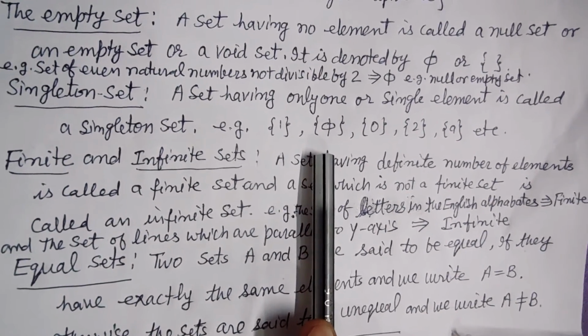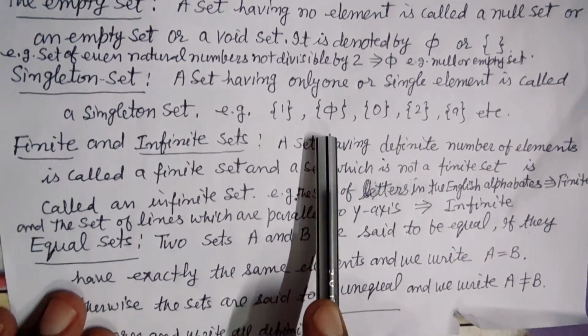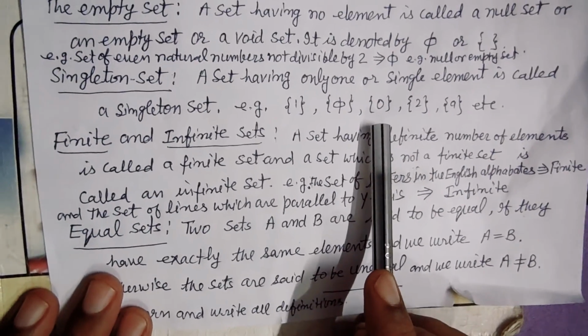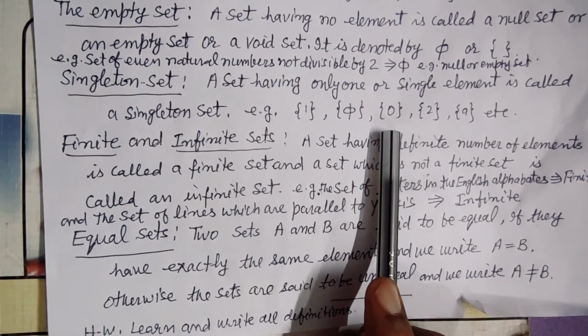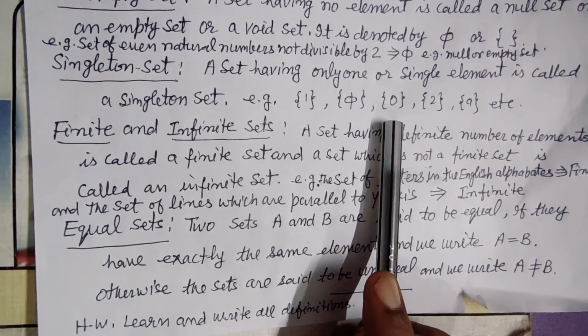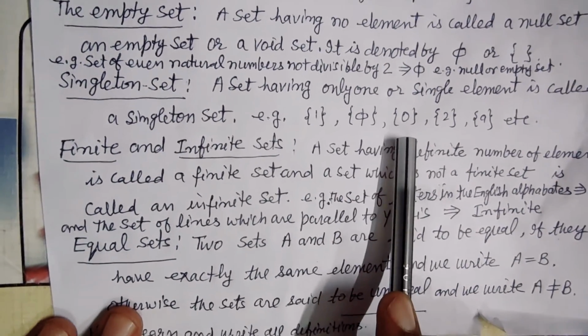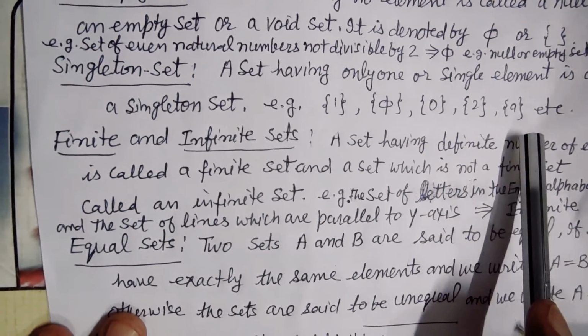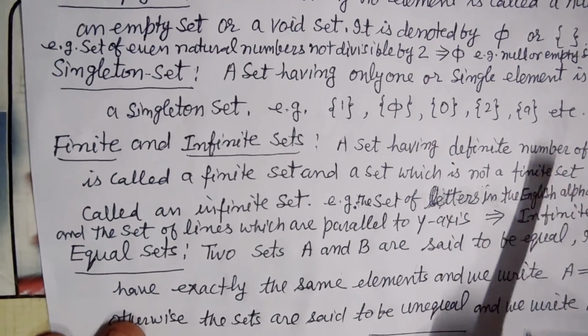Phi is only one element. In curly bracket consider 0. 0 is also an element here. 0 does not mean nothing. This is also an element. So this is a singleton set, as we say, like {2}, {a}, etc. Clear all of you?